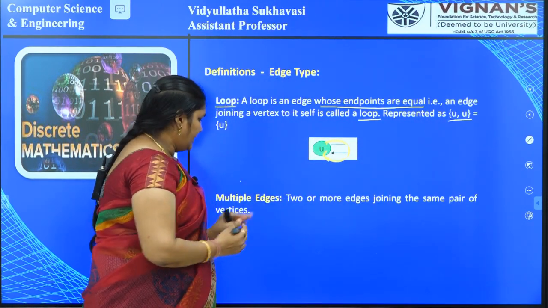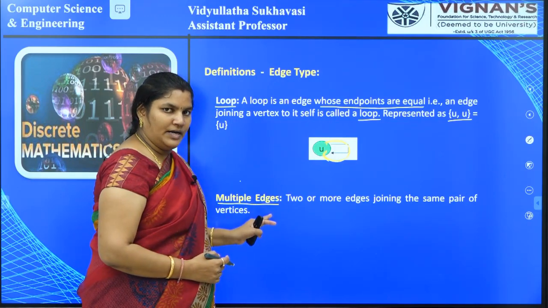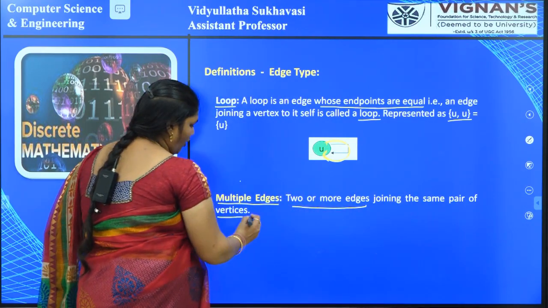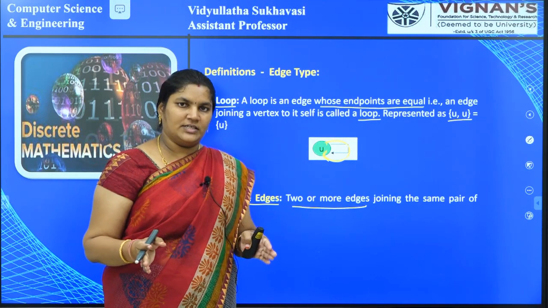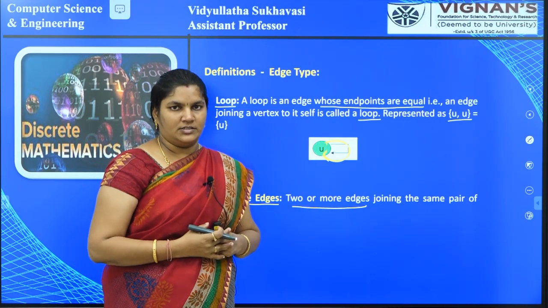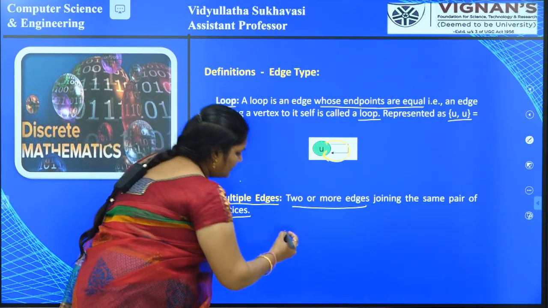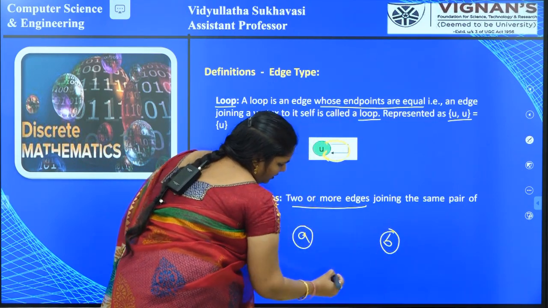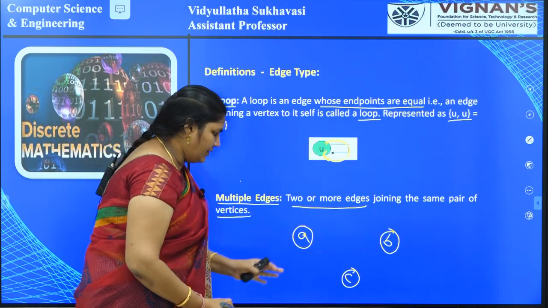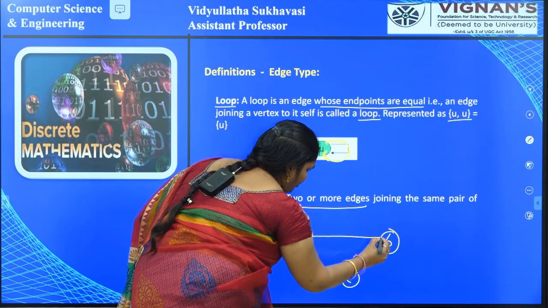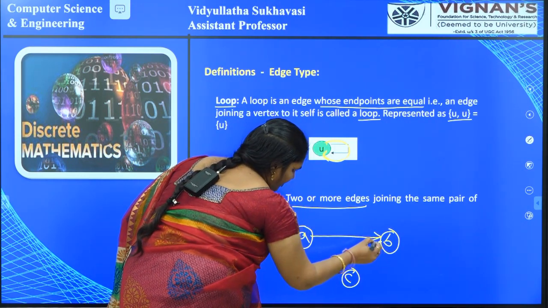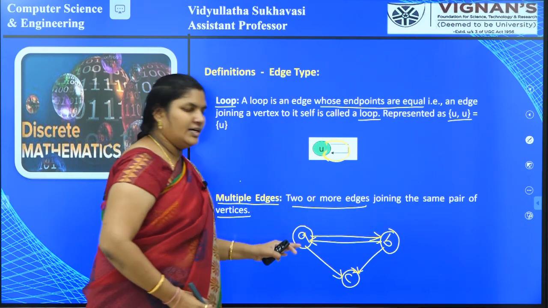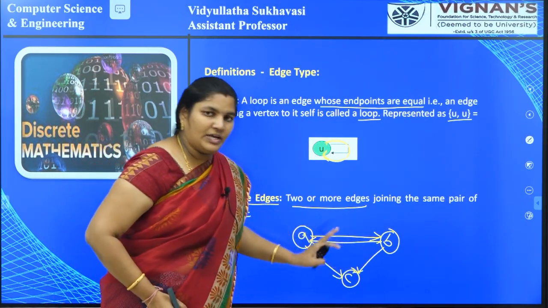Next, multiple edges. When it comes to multiple edges, we can say that two or more edges join the same pair of vertices. That means between two vertices we will have two or more edges like this. Suppose we have taken a node A, a node B, and a node C. From A to B we have an edge, and from B to A we have an edge, A to C and B to C. So here from A to B we have two edges.